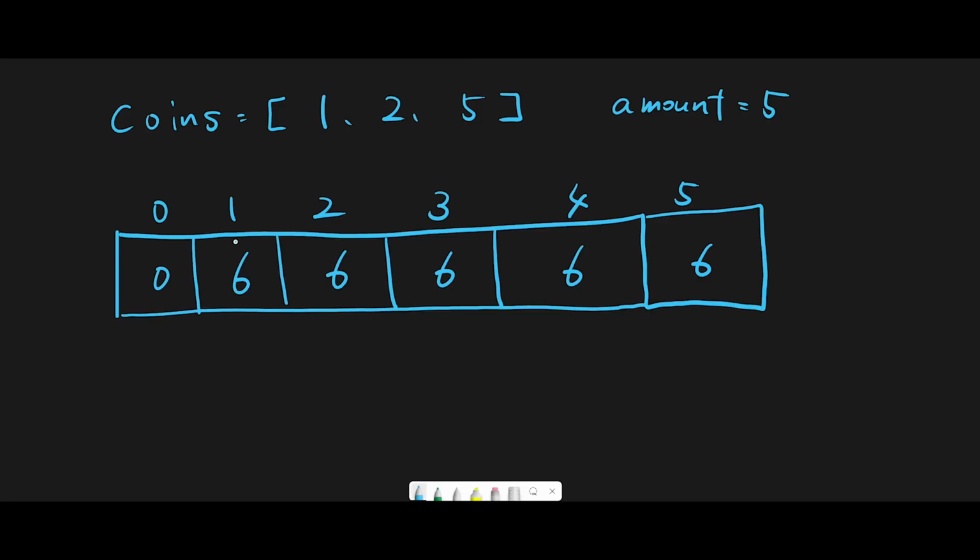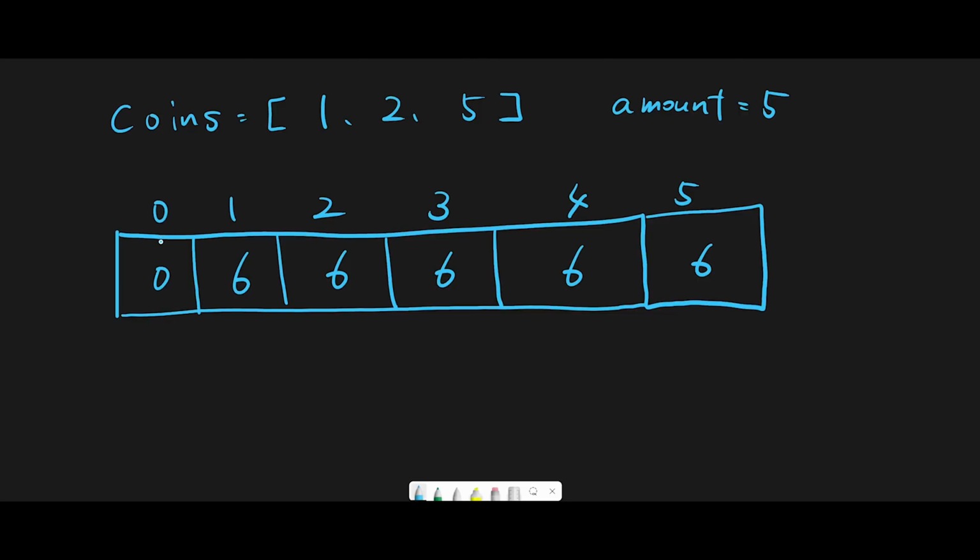At index 1, we try to create the amount 1 with the coins, check all possible combinations and find the minimum number of coins. If we use coin 1 to make up amount 1, what amount should we have before we use coin 1? It's 0, right? So the formula is current amount minus current value of coin, so 1 minus 1. So in this case, check amount 0, I mean index 0.